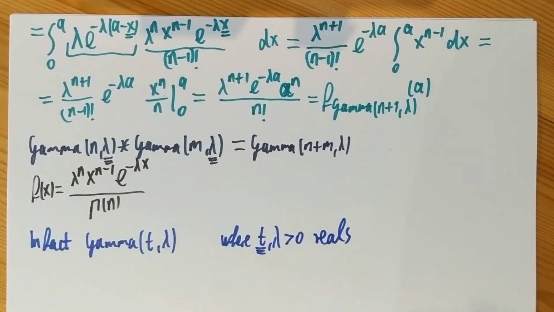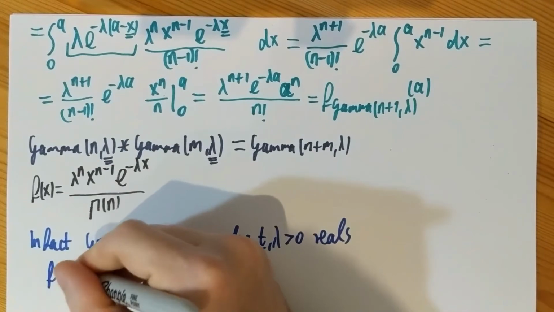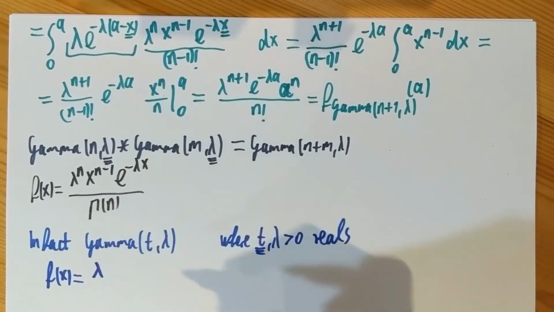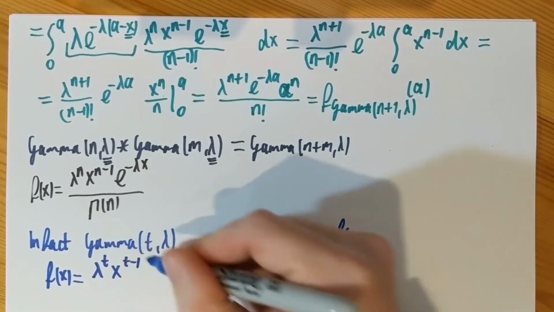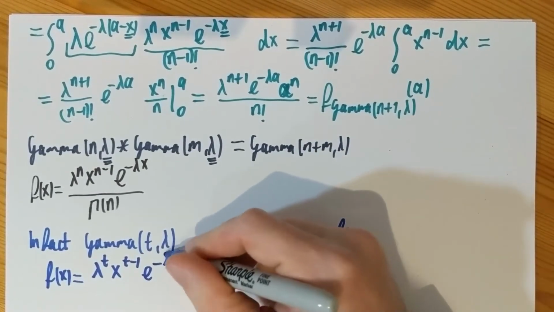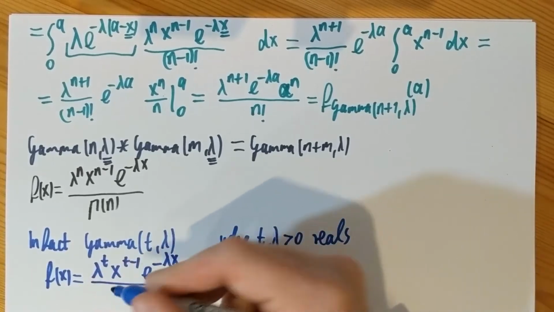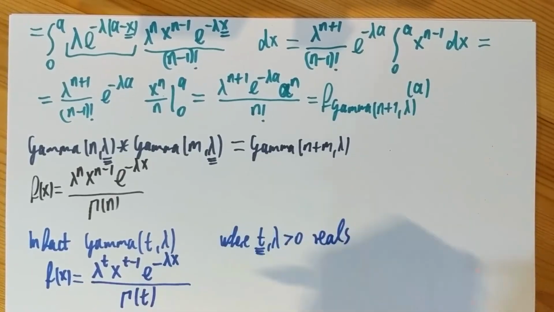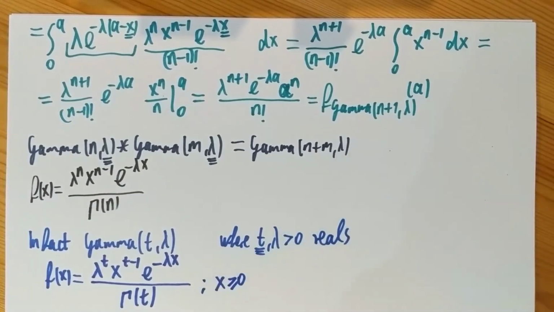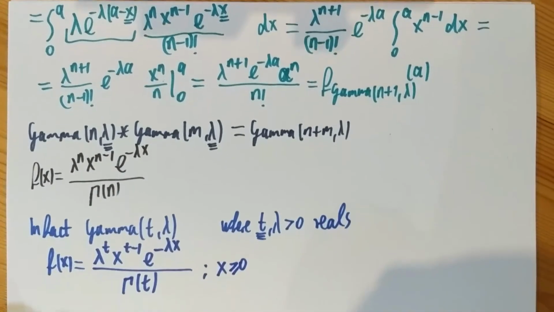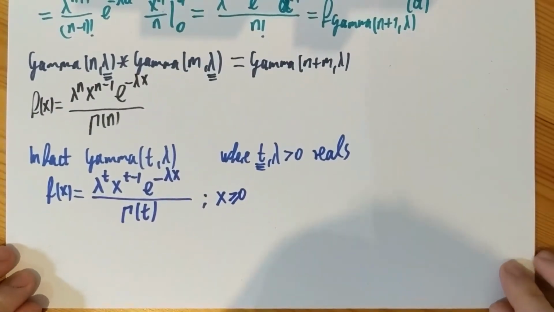It is not going to be the convolution of exponentials anymore by itself, but it will still have all the nice properties. So let's start with the density. I could say lambda to the t, and then x to the t minus 1, e to the minus lambda x over gamma of t is my new density for positive x's, and this makes perfect sense. It is going to be a density the exact same way as before, okay?